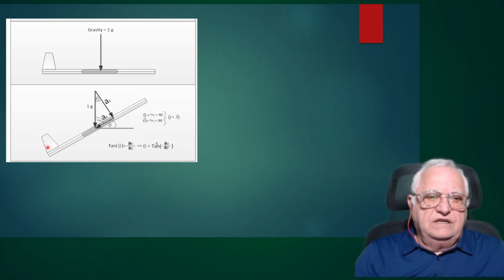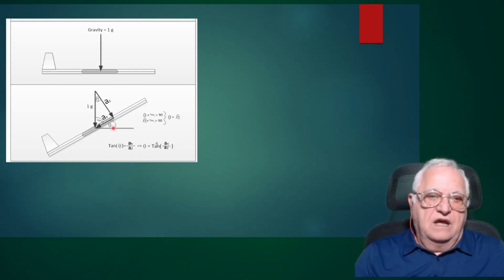So we could say, this is a pitch, an airplane going through a pitch angle, and we're interested to know what this particular angle is. So the accelerometer is going to give us the A sub Z acceleration on the Z axis and acceleration on the X axis.